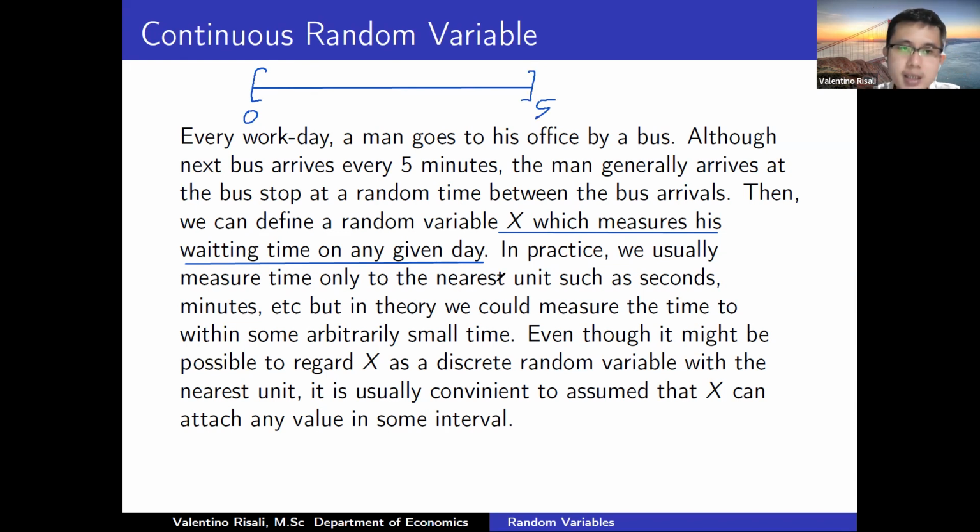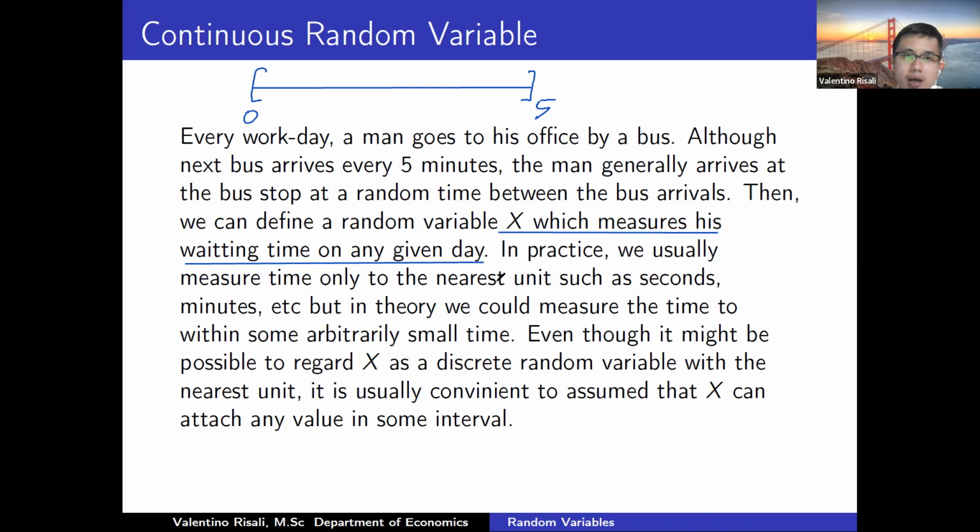Actually, in practice, we can measure the time only to the nearest unit, such as seconds or minutes. So we do not calculate the actual time. But there is a weakness with this idea, because we have so many errors.